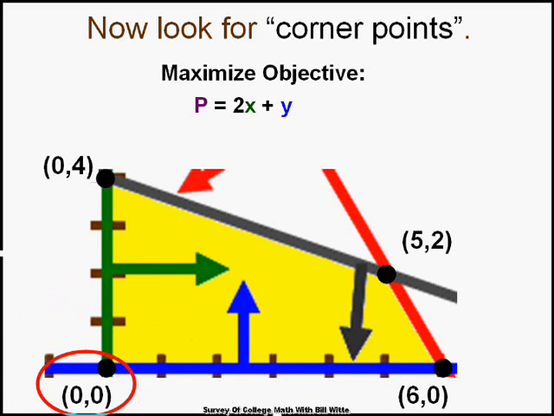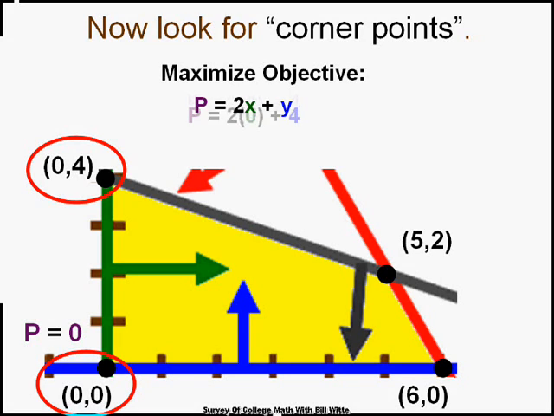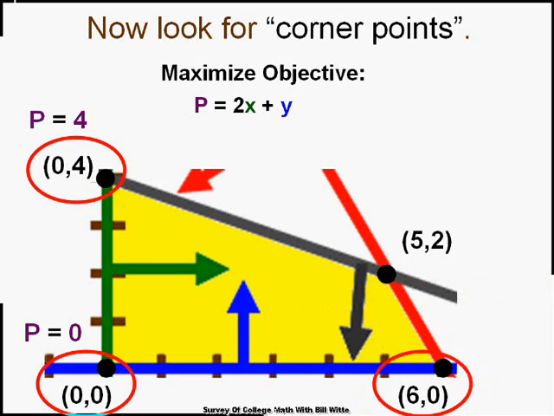Put them in. If I put this function in, 2 times 0 plus 0, I get 0. Let's say P is profit. Profit would be 0 at that place. Remember, I'm trying to maximize. In this position, if I put a 0 in for x and a 4 in for y, profit will be 4, won't it? 2 times 0 plus 4.